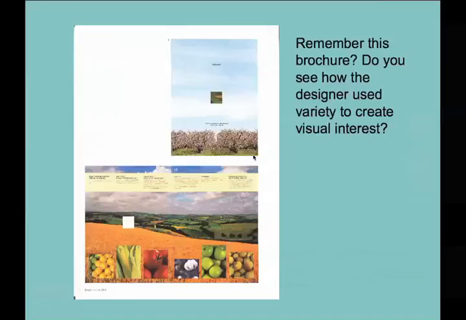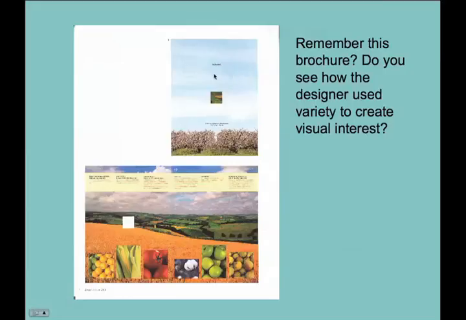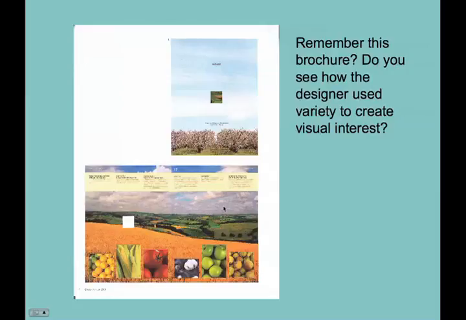So you remember this brochure? Can you see how the designer used variety to create visual interest? You have a photograph of an orchard and a sky. When you open it up, you still have a photograph of a sky, but now we have a different scene. Rather than an orchard, we're looking at a photograph of agricultural fields.